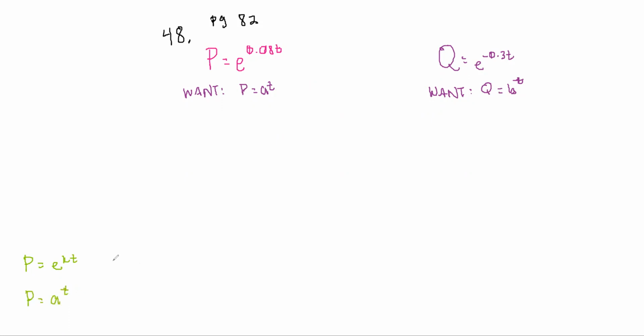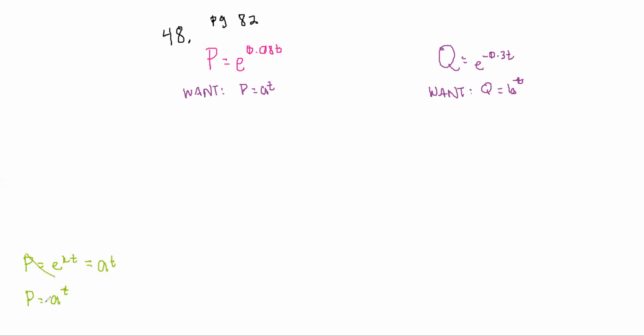So basically, a is equal to e to the k. Does that make sense? Because what we can do is we can put these together. If p is equal to both of them, we can say that this is also equal to a to the t.